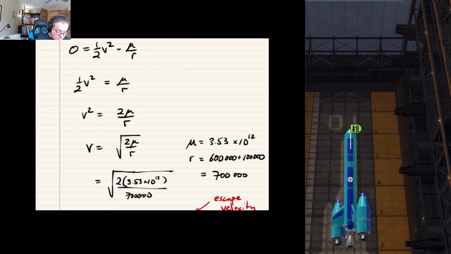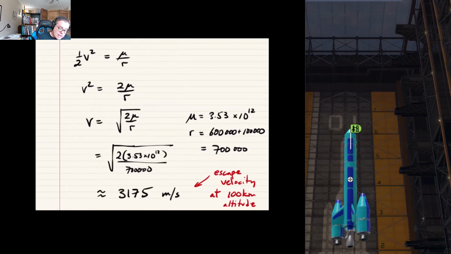Then if I take the gravitational parameter for Kerbin, take the radius of the planet, and let's just pick an altitude of 100,000 meters, so we have a radius of 700,000 meters, and plug that into this formula, I can see that it's about 3175 meters per second is the required speed to escape the gravity of Kerbin if I started at a 100-kilometer altitude.